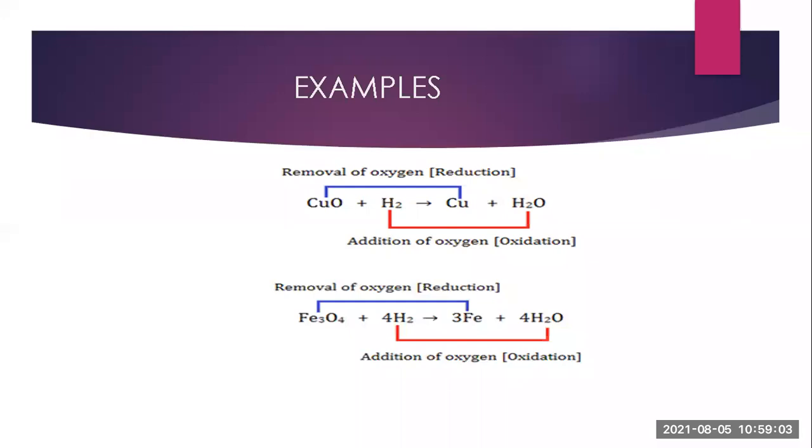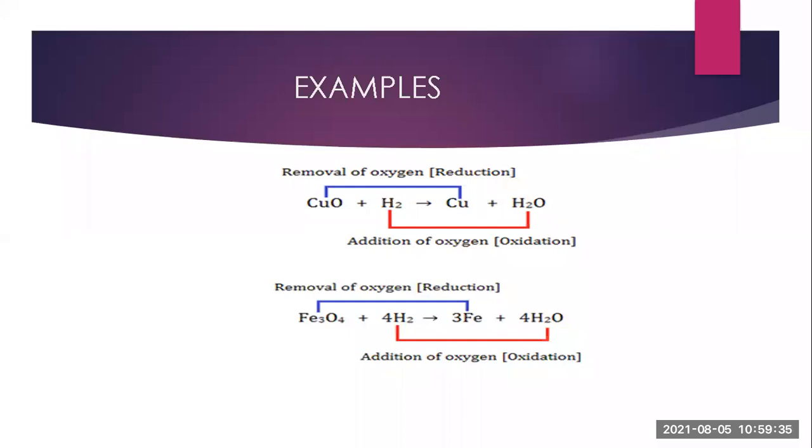So in this CuO case, what is happening? Oxygen is lost by the CuO and gained by the hydrogen. On the product side, Cu will be formed alone and H2O, a water molecule, will form, because hydrogen gained that oxygen. Whenever any element gains oxygen, we can say it is an oxidation process.